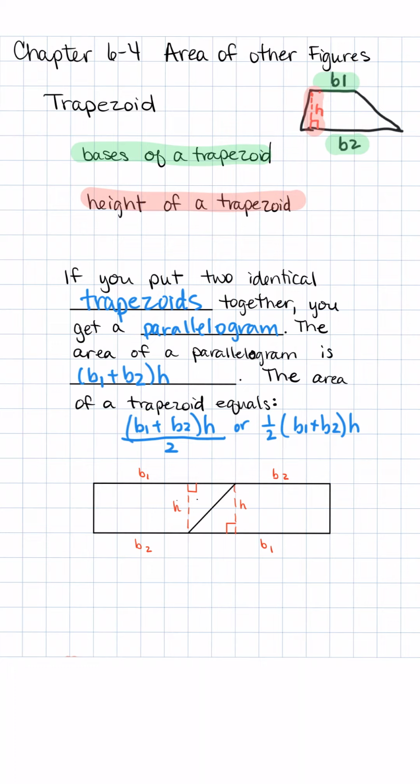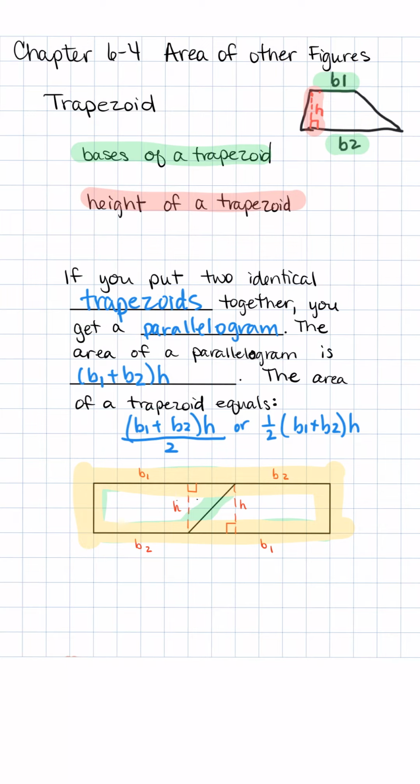So this is the trapezoid, right? If we double it and make it the same exact trapezoid but connect them, then it forms a parallelogram, right? These two sides here are parallel. These two sides are parallel.